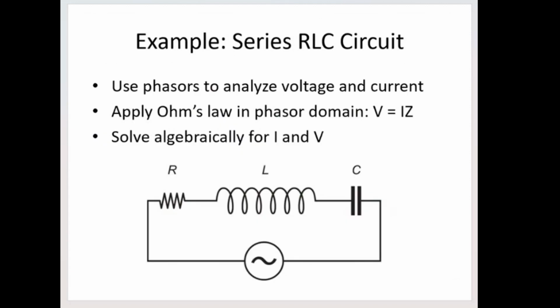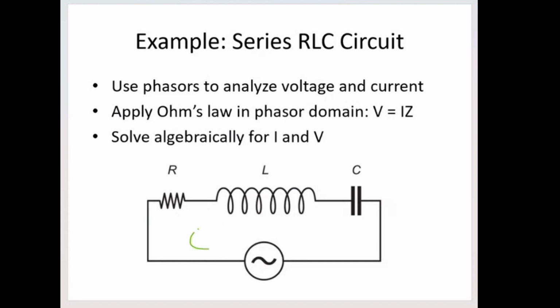Let's take a look at an example together. What we have here is an RLC circuit. We would like to use the concept of phasor to solve this, meaning that if we have the equation for the voltage, we are looking to find the equation for the current.